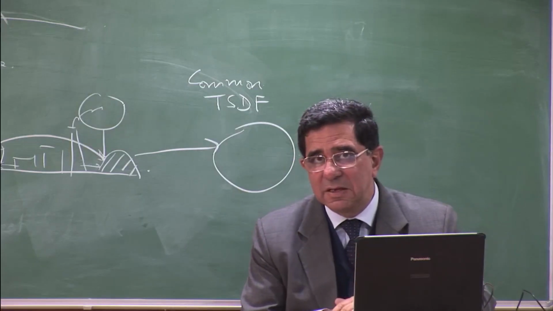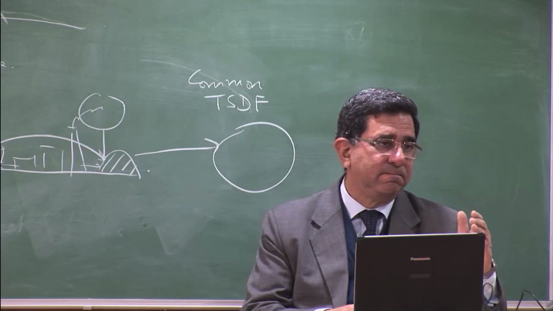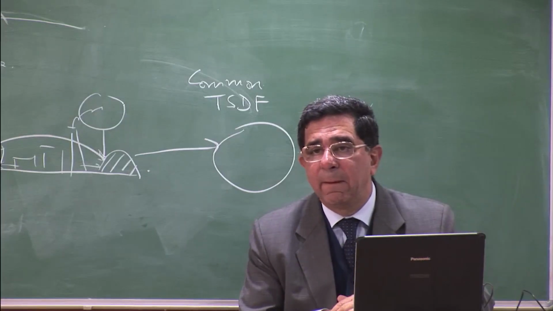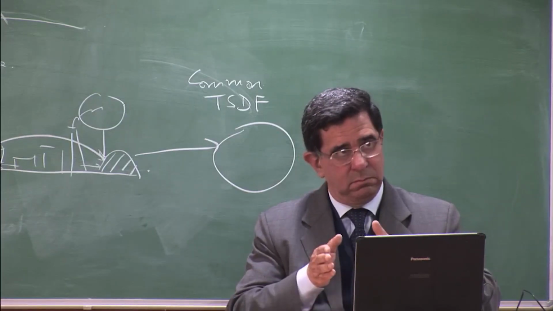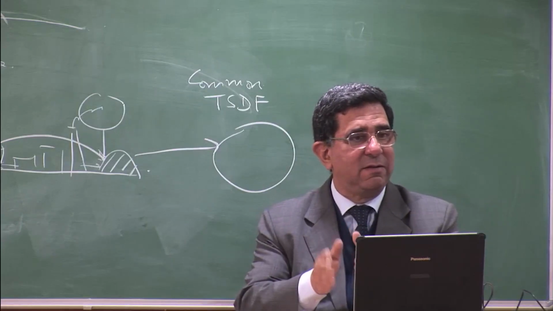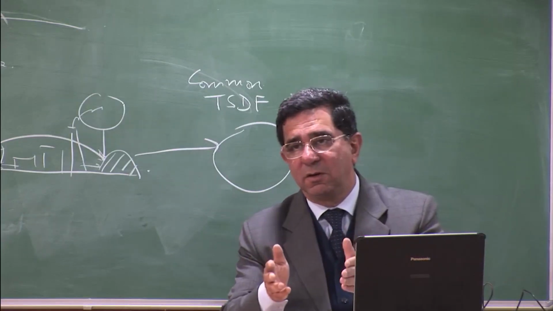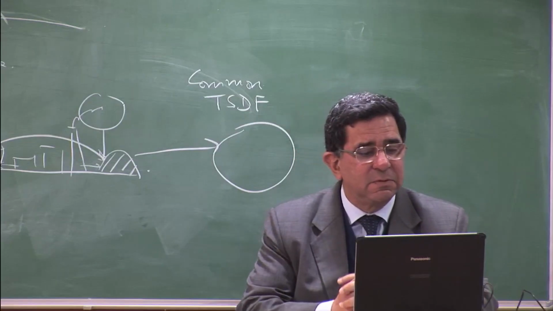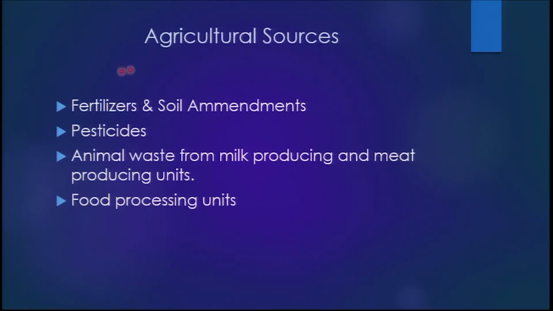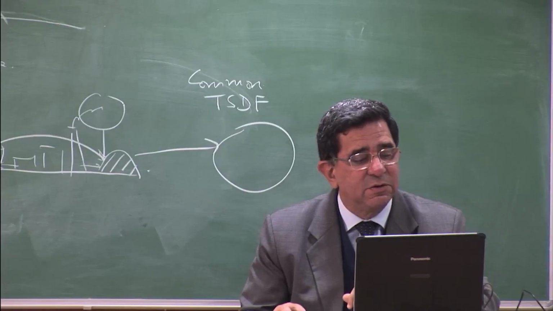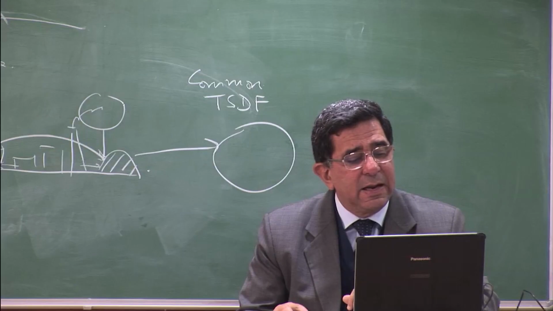So when the rain comes, these will all go off into the nearest drain. And once they are in the drain, which is always full of water, they will reach the subsurface. So these are not point sources, these are surface sources, and only when they are in excess do they get washed to the nearest drain, and we are getting the contamination.